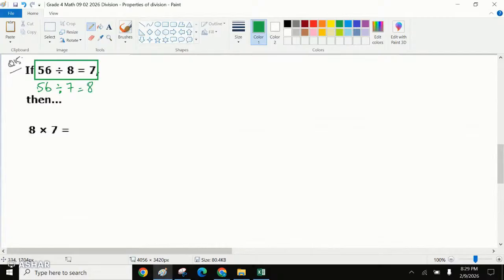So when we have to find the multiplication statements, yes, perfect, we can say this is 56, or 7 multiplied by 8 would also be 56. Okay, thank you, May.